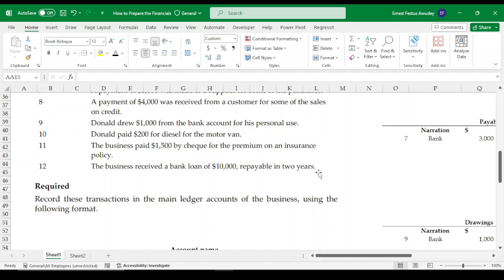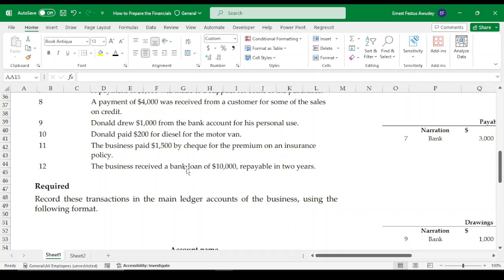And as I said, for non-current items, we open an account in their name. Therefore, the bank loan is going to have a bank loan account, and then the corresponding entry will go into our bank account because it is a bank loan. And so, taking the loan, we are going to receive it into our bank account.